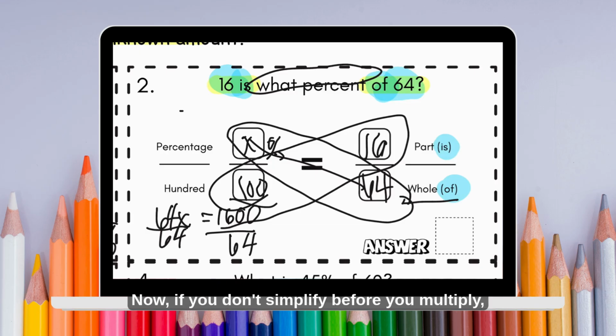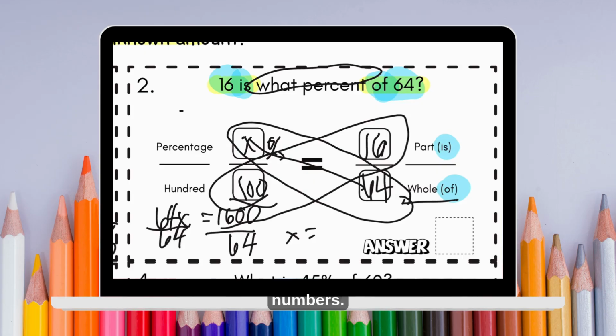Now, if you don't simplify before you multiply, that's fine. Your numbers are just bigger, and sometimes it takes a little longer, or you can't do mental math as well with the big numbers.